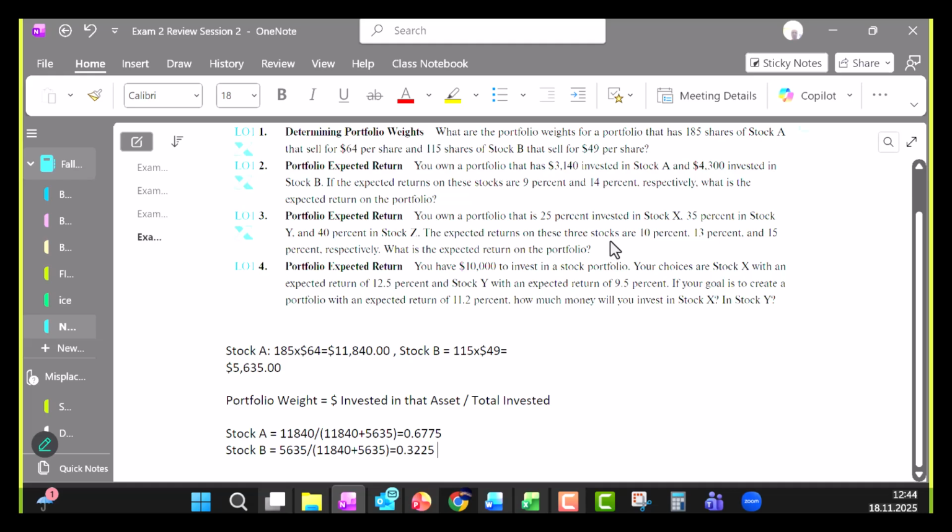They're given the expected returns of both, 9% and 14%.